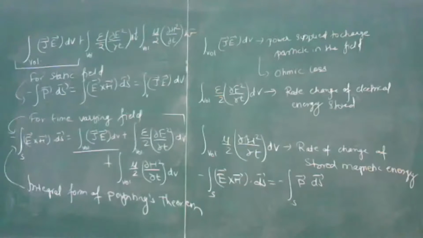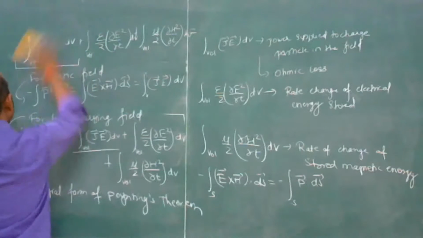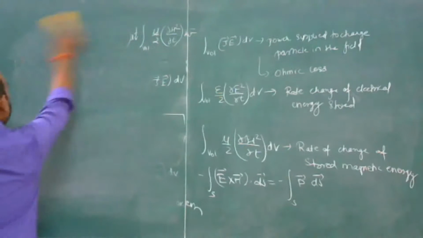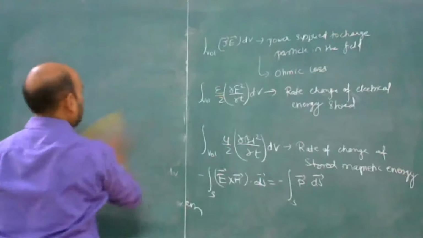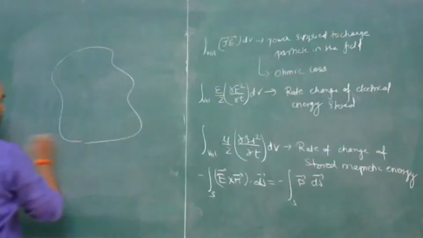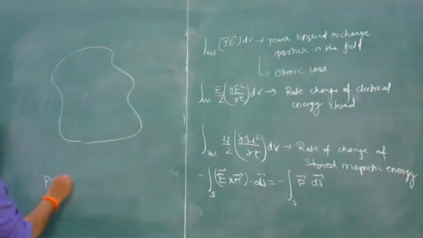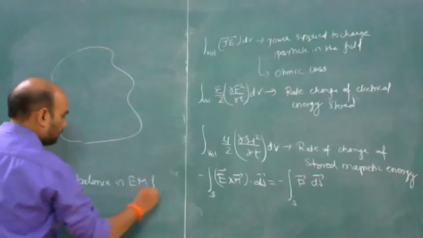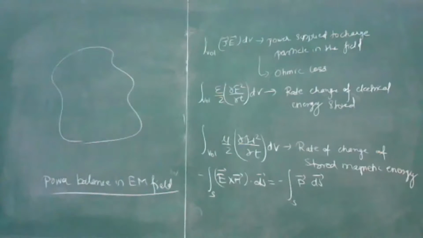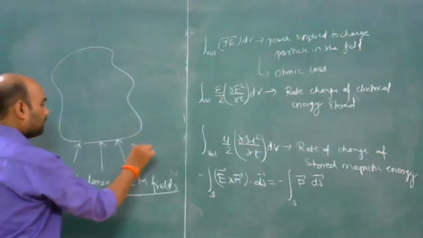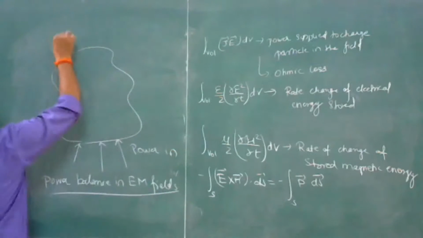So we can draw the power balance in the electromagnetic field. Consider this diagram. So this is the power balance in the electromagnetic field. Here power is in here.